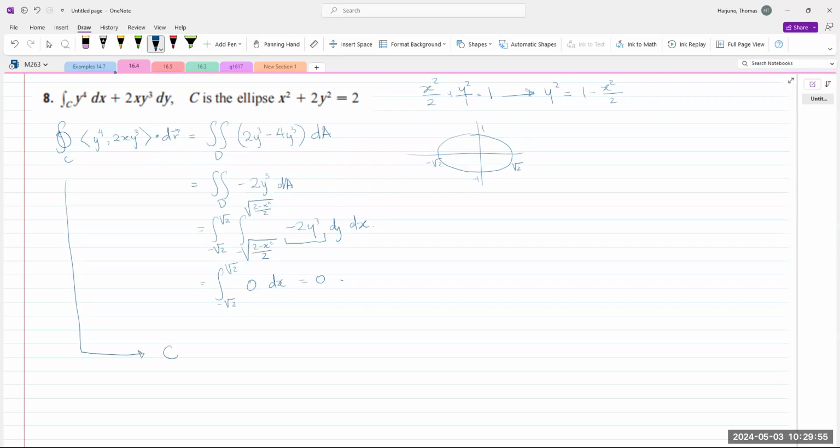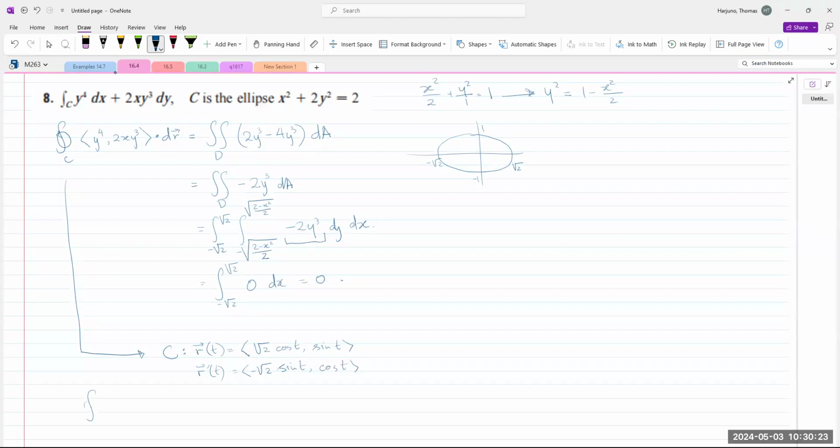Okay, so C will be parameterized by square root of 2 cosine t, sine t, such that r prime t equals negative square root of 2 sine t, cosine t.